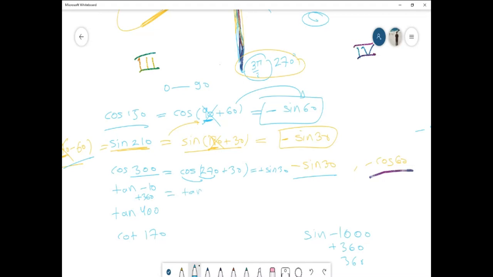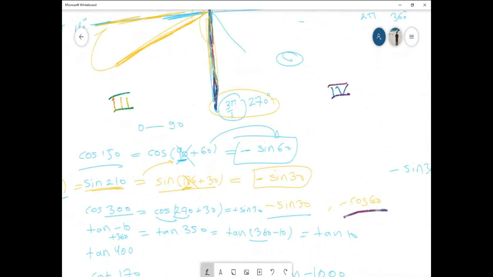I can add as much as I want to the angle. It doesn't matter. I add 1, 2, 3, 4 until the angle is positive. So this is minus 10, I add 360 in order to make it a positive angle. So it will be tangent 350. Now I can write this using the boundaries.